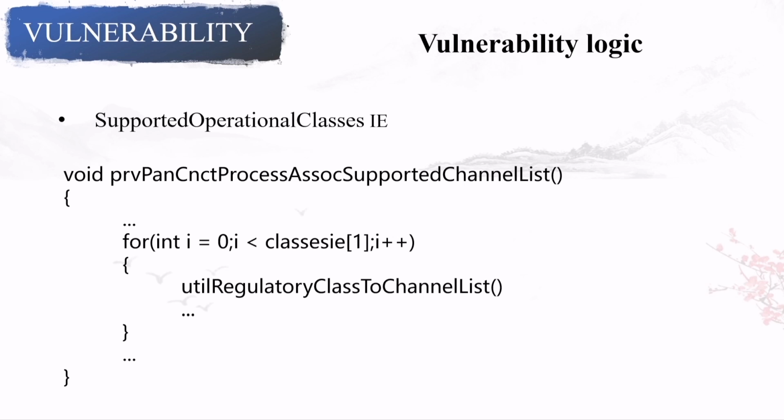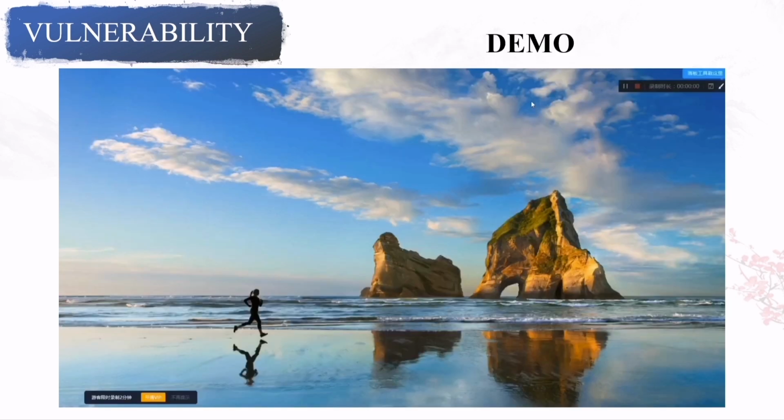When the number of calls is too many, it would cause the memory to be written out of bounds. The number of times of this loop is determined by the length field of the supported operating classes information element, that is, up to 255 times. This is obviously a lack of checking on the length field passed in from the user. This is the POC demo.